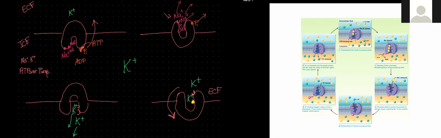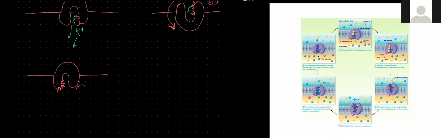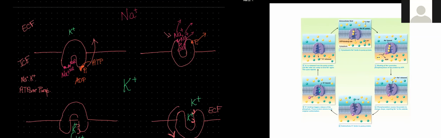It will expose 2 binding sites for 2 potassium. 2 potassium will bind, the carrier here rotates another time facing the inside of the cell membrane, and this will allow it to release the potassium and start a new cycle by exposing 3 binding sites for sodium, binding to 3 sodium, and hydrolyzing an ATP will allow it to rotate, moving the 3 sodium from inside of the cell to the outside of the cell.